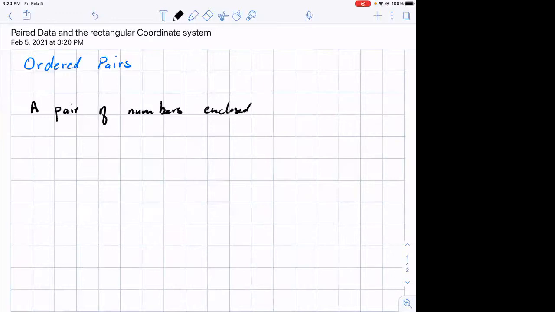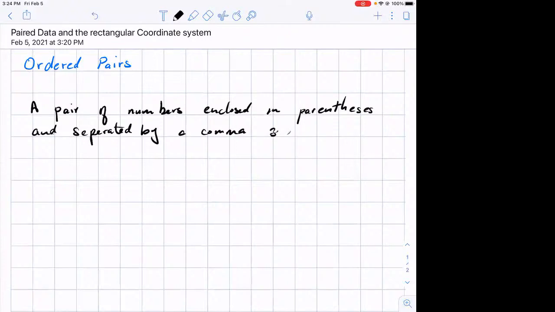enclosed in parentheses and separated by a comma, such as 5, 3.